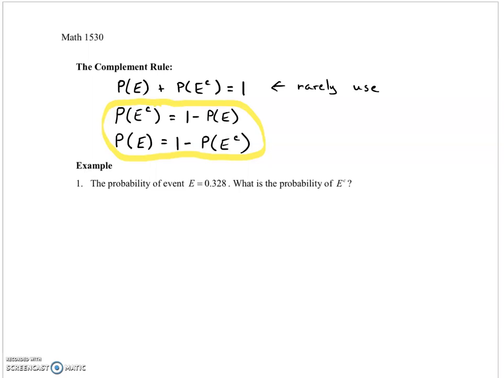Okay, so what's an example of this? So they've given us the probability of E, and they want the probability of E complement. So the probability of E complement, using what we know, is 1 minus the probability of the event, which is 1 minus, they told us the probability of the event was 0.328.